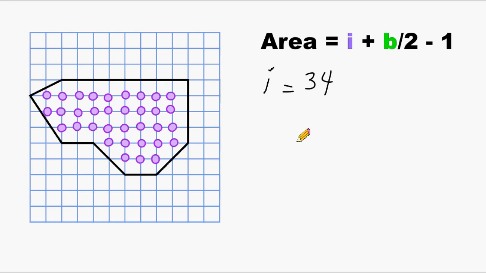Now let's figure out how many points lie directly on the boundary of our polygon. Here we have 1, 2, 3, 4, 5, 6, 7, 8, 9, 10, 11, 12, 13. Now be careful, you cannot count this line right here because there's not a horizontal line intersecting with this vertical line.